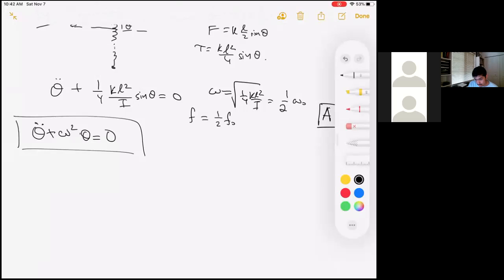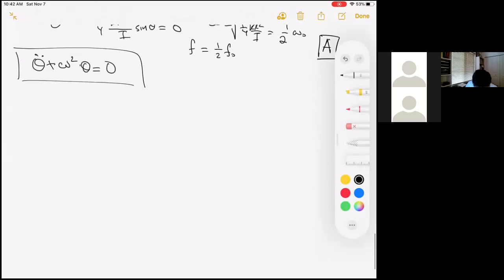Okay, let's go over problem 15. So what's happening in this one now is it's a little bit of a different setup.